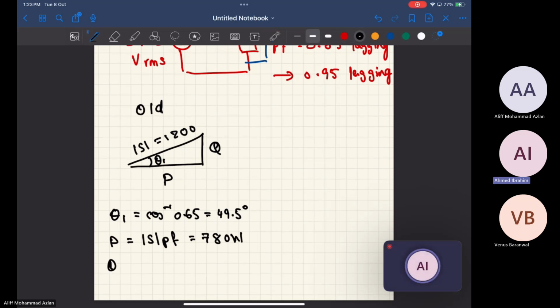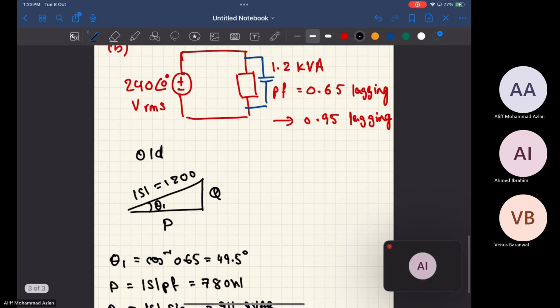So Q is equal to S sine theta, and that gives us 911.9 volt amperes reactive. So that's all the information we need given the initial circuit.